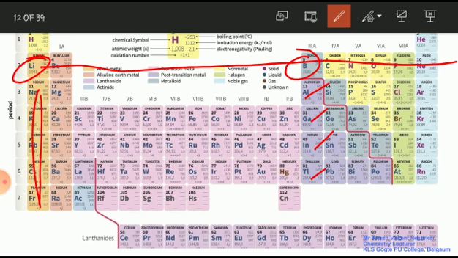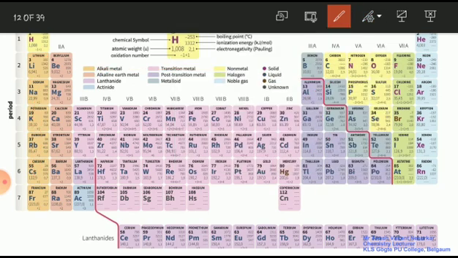So these are the congeners, and the property shown by boron and the property shown by the rest of its family members are quite different, and this different behavior is called anomalous behavior, meaning not normal behavior compared to their family elements.